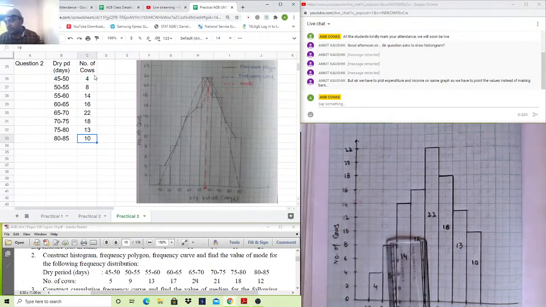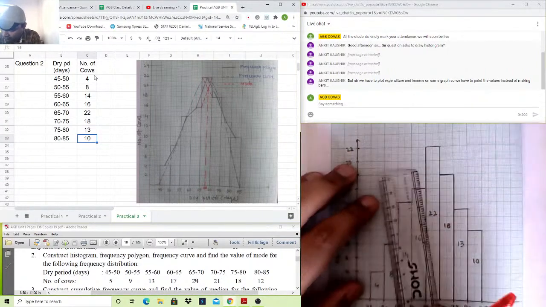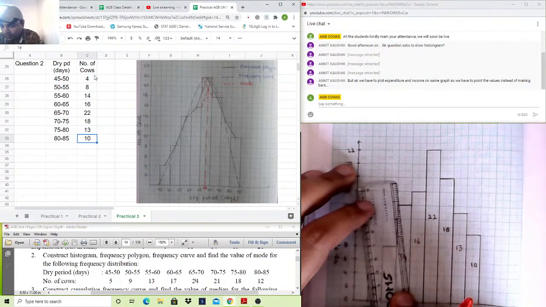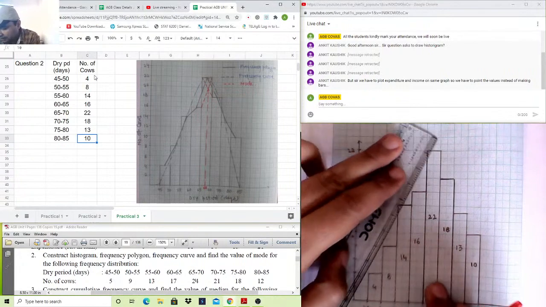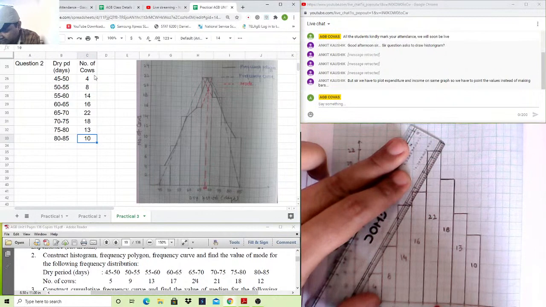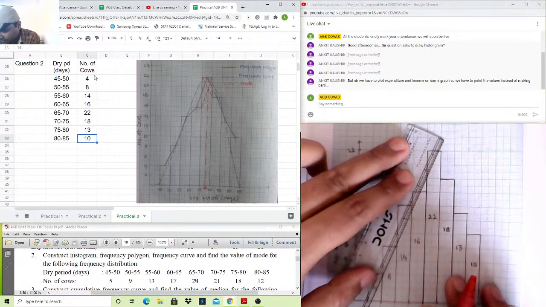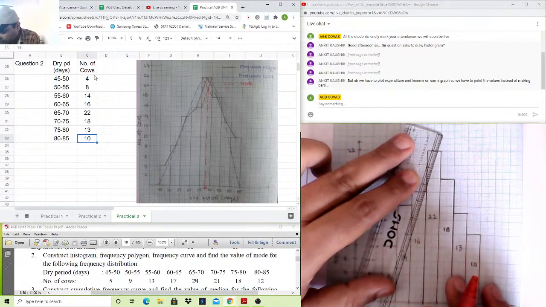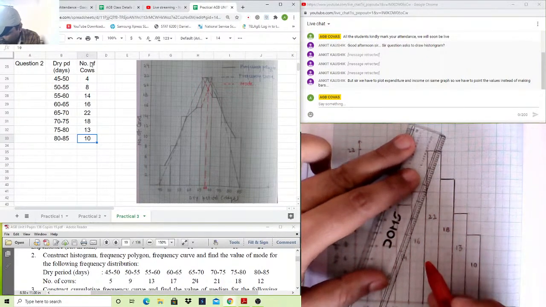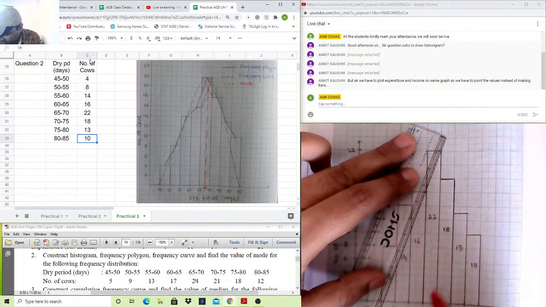So how to calculate your mode from this? This is one of your questions. I have taken the red pen here. What we have to do is connect the upper side of the bar of the highest class to the upper side of the bar of the adjacent class interval.